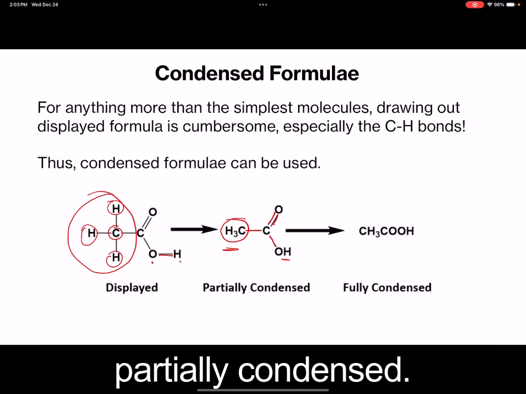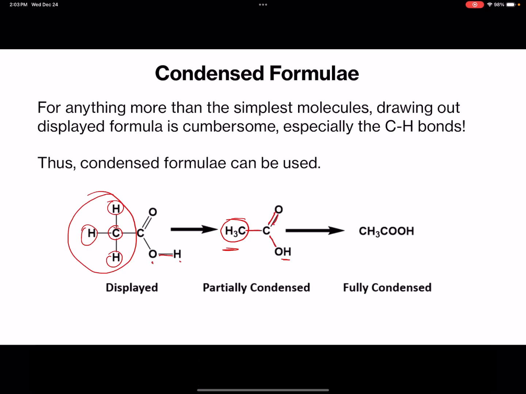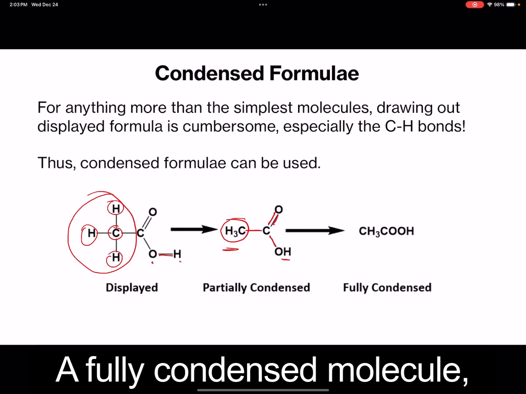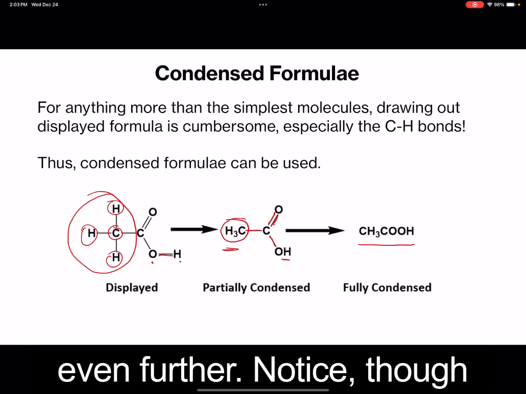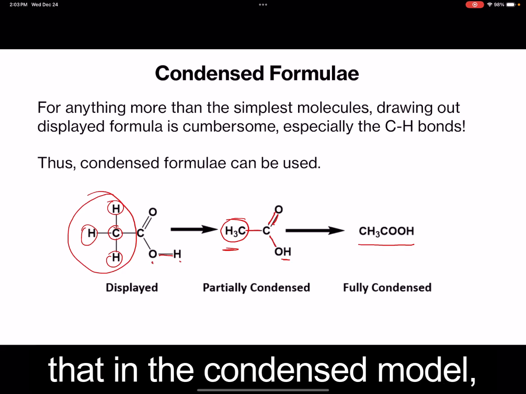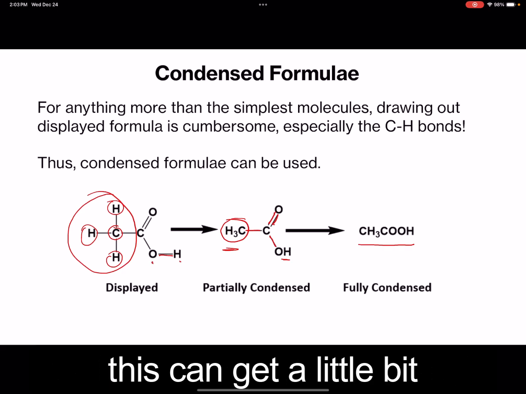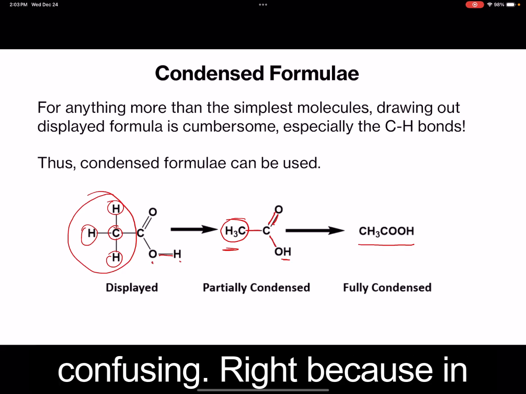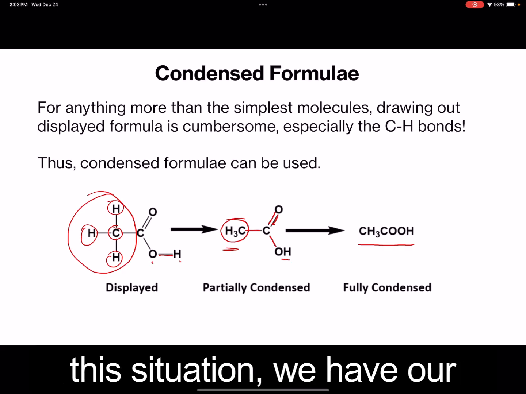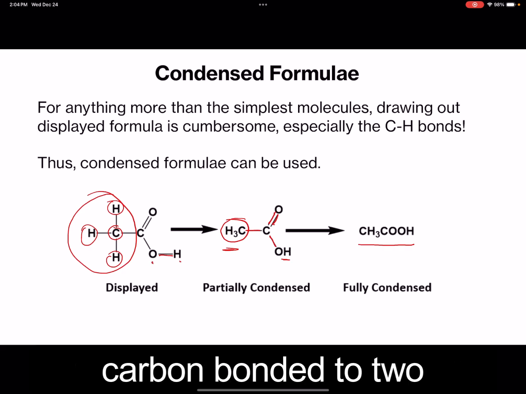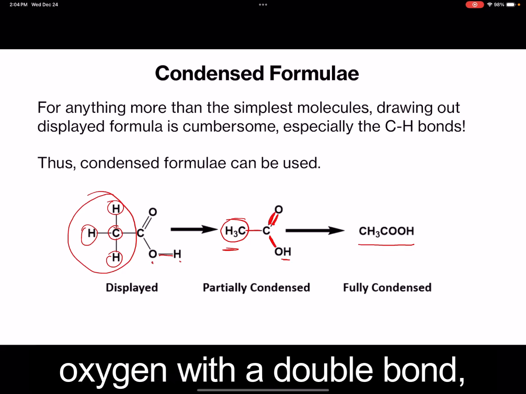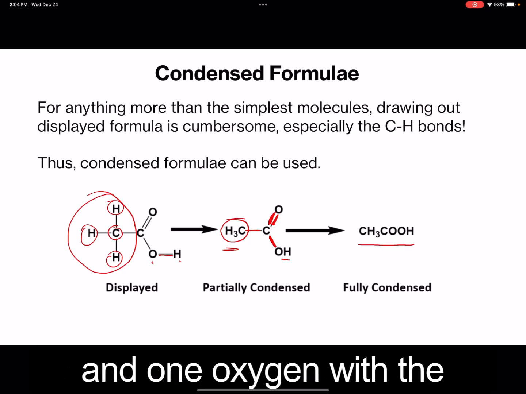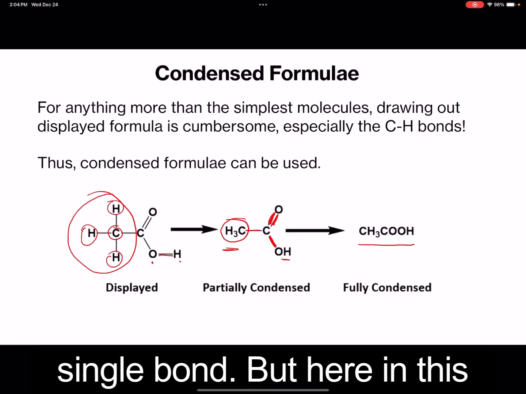So that's partially condensed. A fully condensed molecule will condense the bonds even further. Notice, though, that in the condensed model, this can get a little bit confusing, right? Because in this situation, we have our carbon bonded to 2 different oxygens, 1 oxygen with a double bond and 1 oxygen with a single bond.